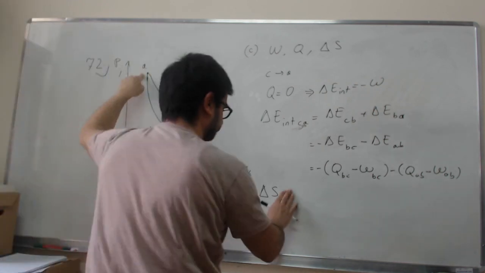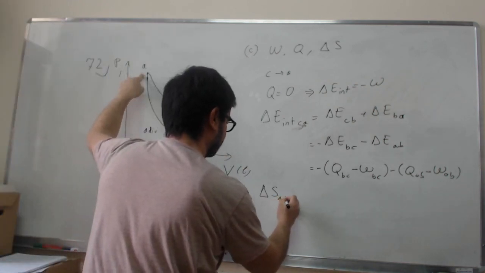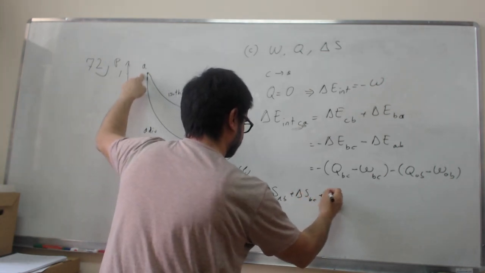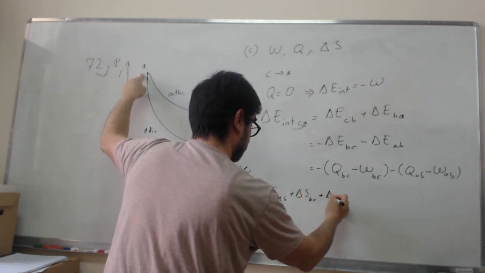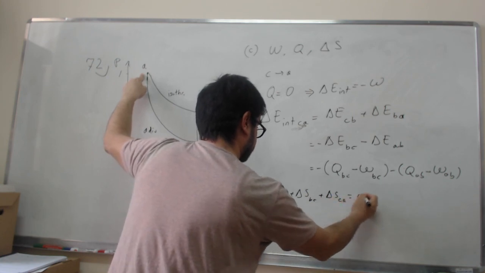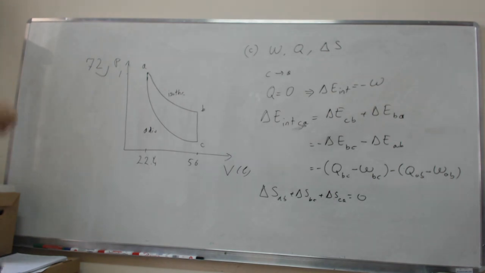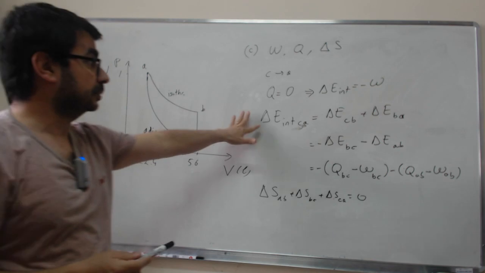The entropy change from A to B plus the entropy change from B to C plus the entropy change from C to A has to be 0. And you can use this to calculate the entropy change from C to A. We can do this because entropy is a state function, just like the internal energy.